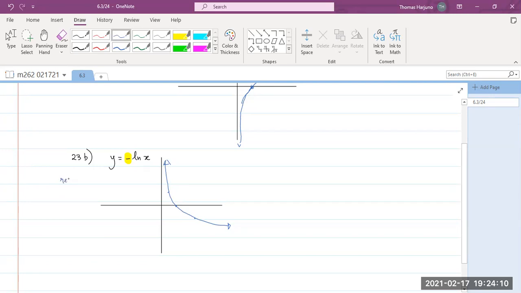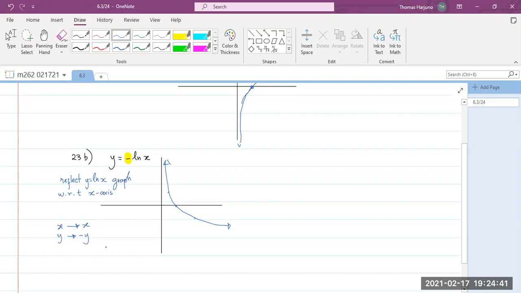Reflect the y equals ln x graph with respect to the x-axis. When we reflect with respect to the x-axis, the x component stays the same. The y component becomes -y.